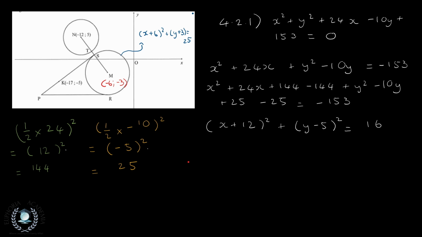Now we know that in this standard form, this constant is actually r squared, and we're asked to find the radius, so just a normal r. That would mean that we need to square root our 16, and we're going to see that the radius of the smaller circle is 4 units.